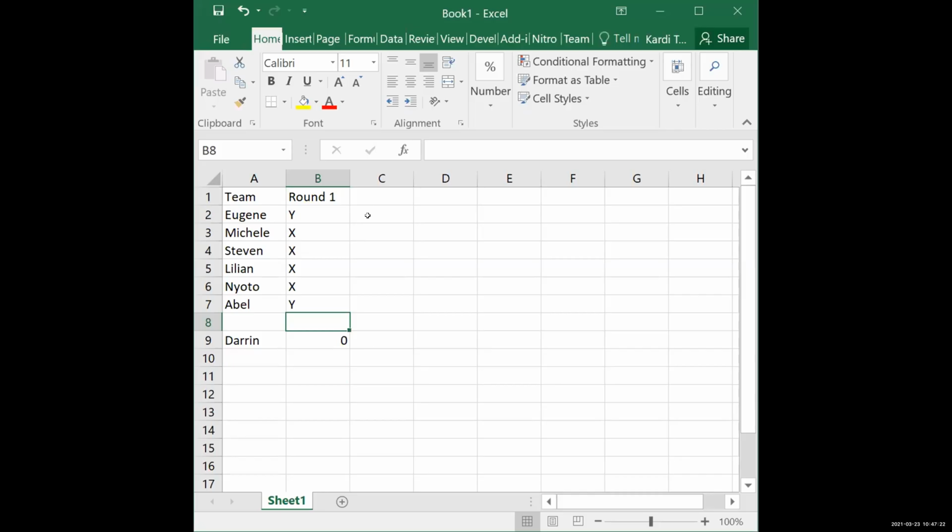So here is the result. Let me share my screen then. This is the result of round 1, okay? So Eugene is Y and Abel is Y, so you get 5, correct? If there is a mixture, the one who plays Y will get 5, the others get 0.